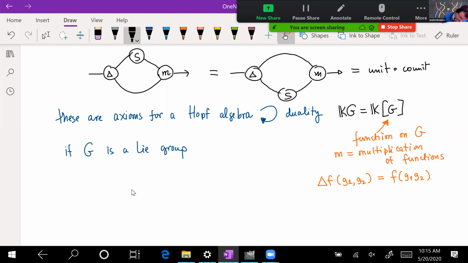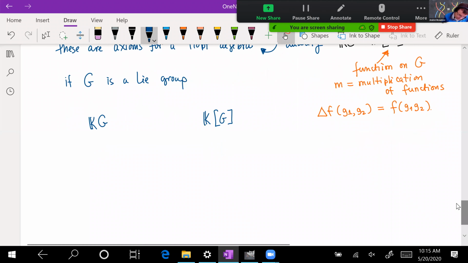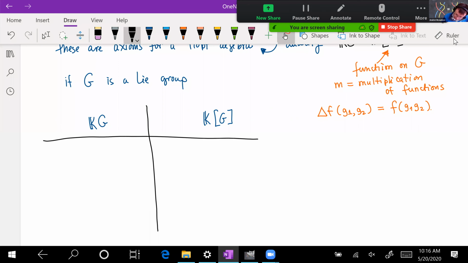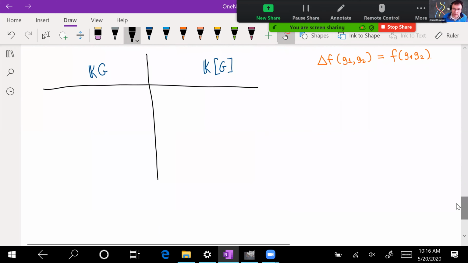So if G is a Lie group, there are many options for KG or the dual. One is we can just say the same thing: just form finite combinations of group elements, which is perfectly well defined as before.